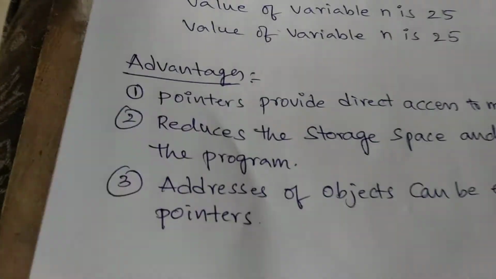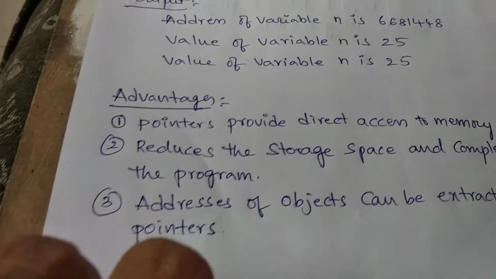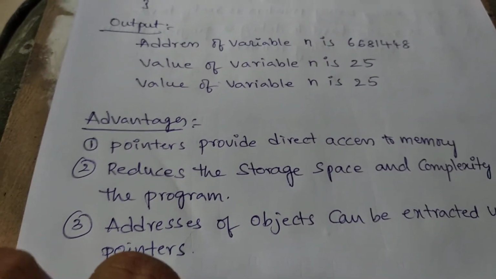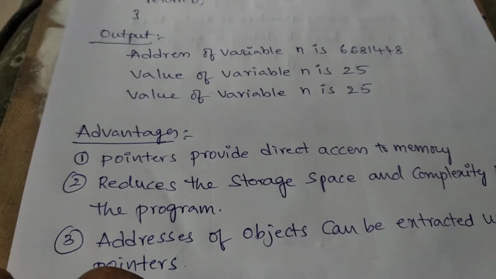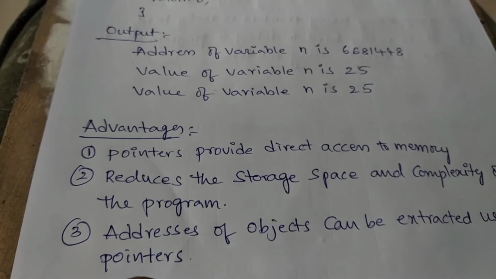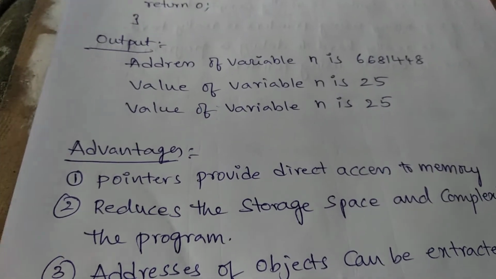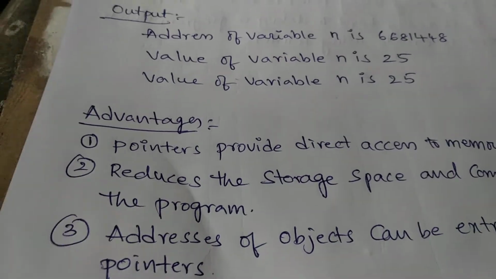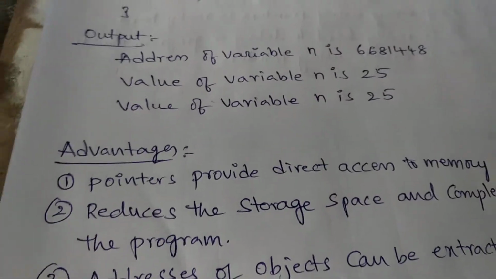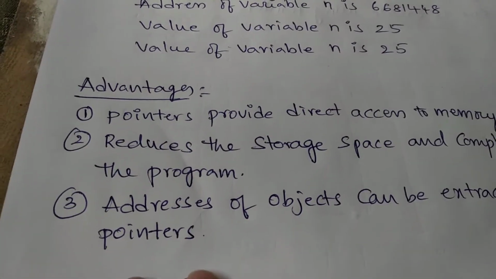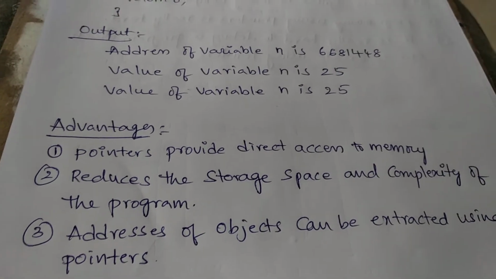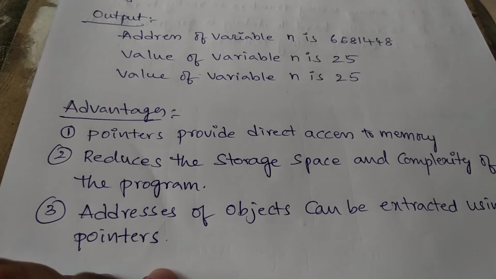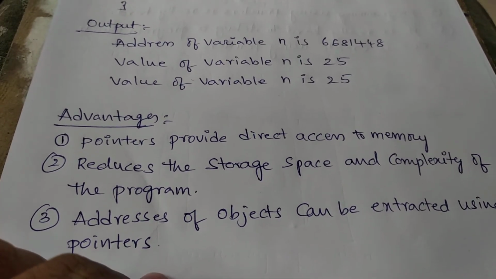So what are the advantages of this? Pointers provide direct access to the memory. When you use a pointer, it enters directly into the memory. There is no searching; it goes directly to the storage location and accesses the variable. It reduces the storage space and the complexity of the program.